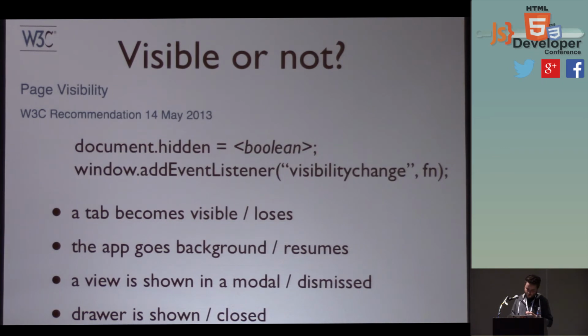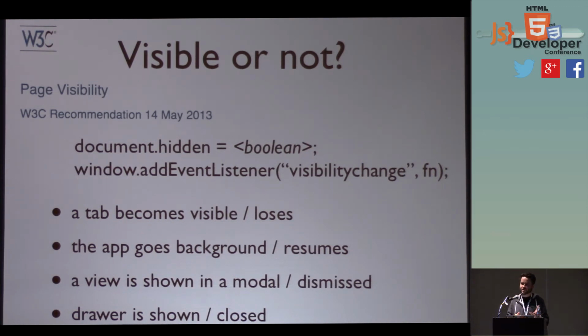Then, because we're not doing it as a single-page app, you don't have control of the view that is visible at any given time, because the user can change it across the tabs, for example. So you can implement the page visibility API, and then the document itself knows if it's hidden or not, and gets visibility change events based on the visibility changes.